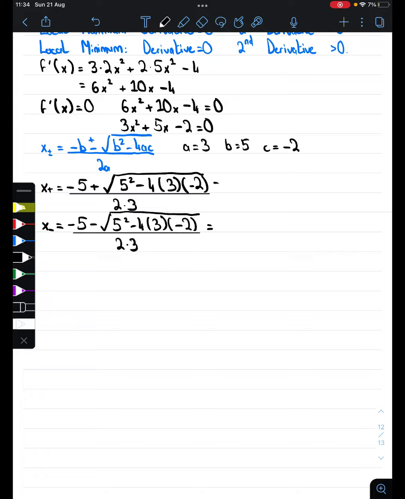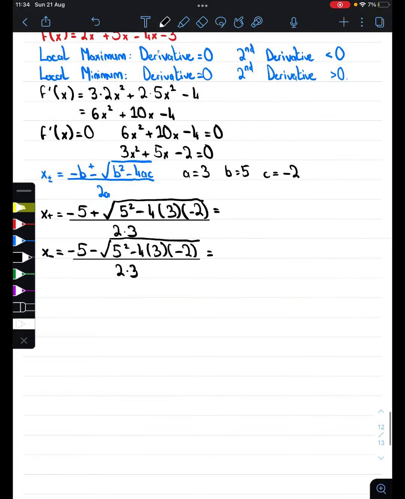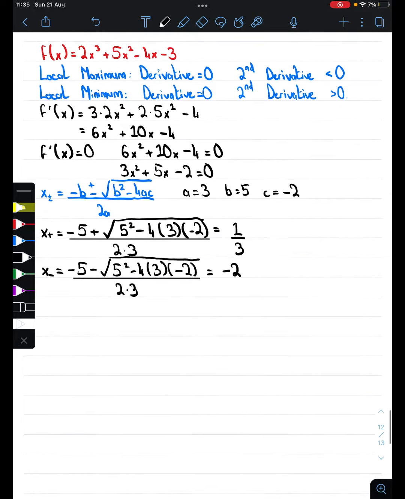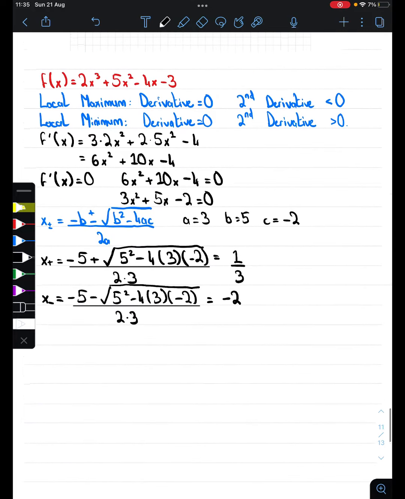And so the roots of this quadratic, the x such that the derivative is 0, are x equals 1/3 and x equals minus 2. So these are the values of x such that the derivative equals 0.